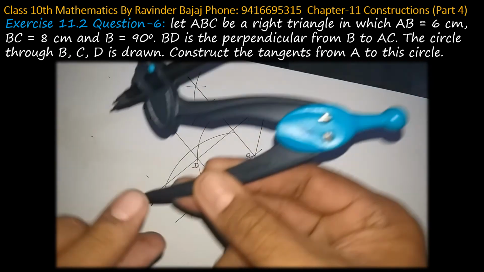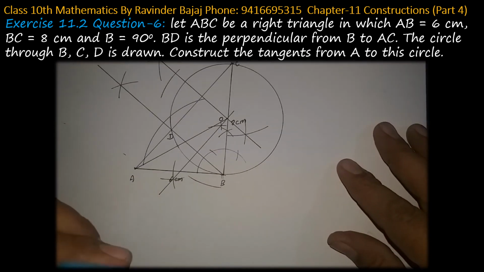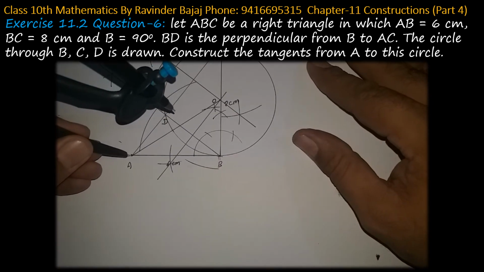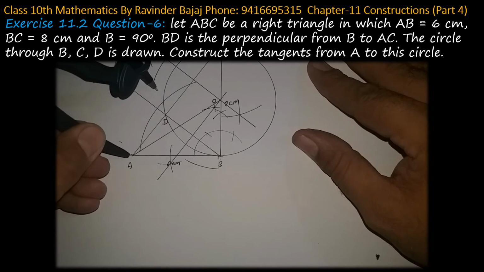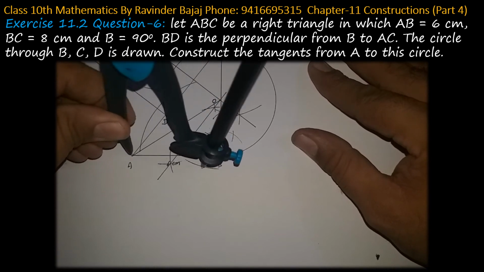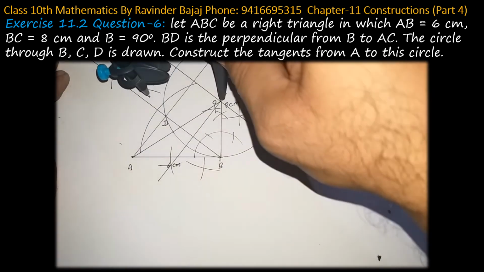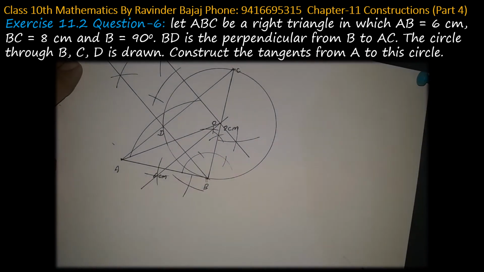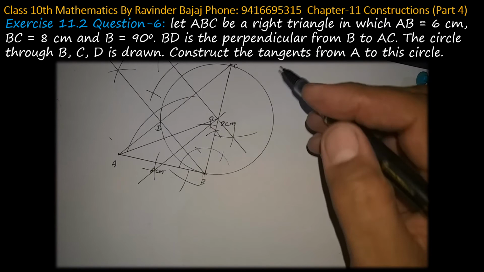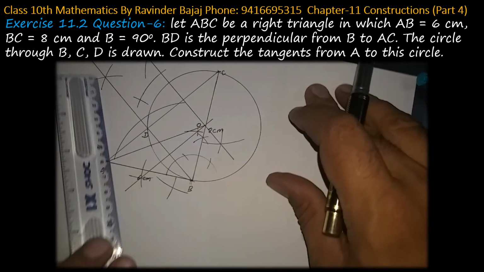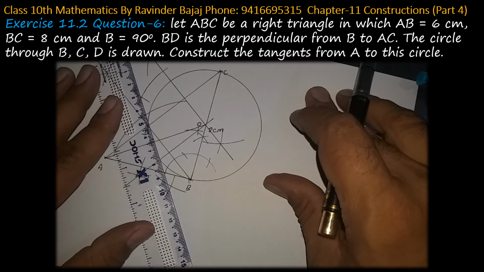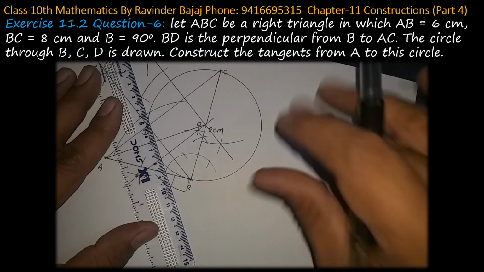Now without changing your compass, keep your compass at A. Now from A we will cut this arc. This needs to be extended. Now these 2 points will give you the perpendicular bisector of the line AO. Draw this line AO.